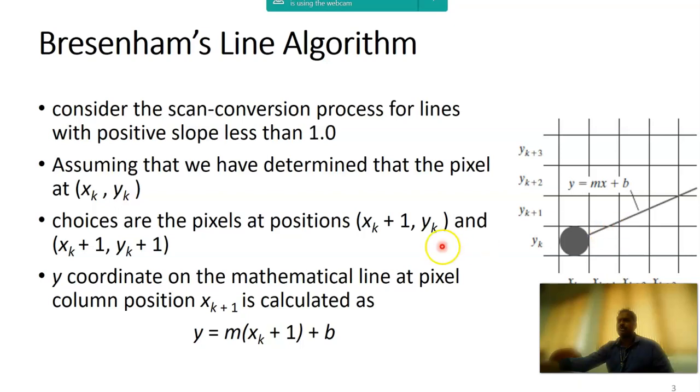We have to decide whether to stay back at yk or move to yk plus 1. We will decide this based on the decision parameter pk value. Here, the y coordinate on the mathematical line at pixel column position xk plus 1 is calculated as y equals m times xk plus 1 plus the y-intercept b.